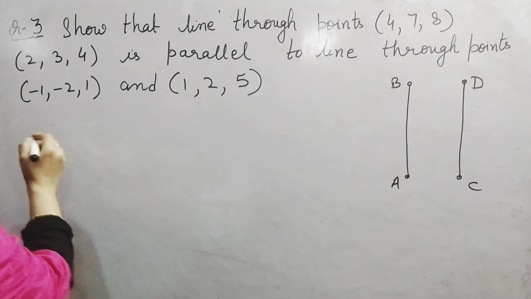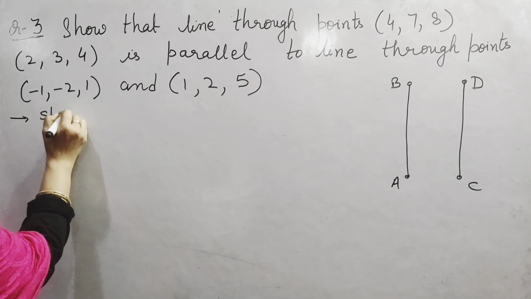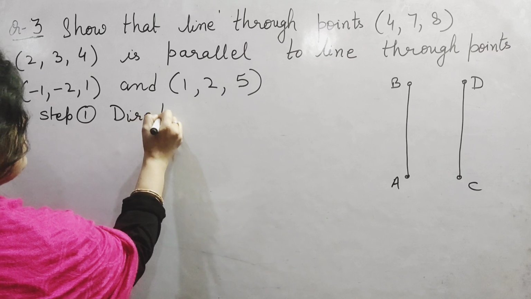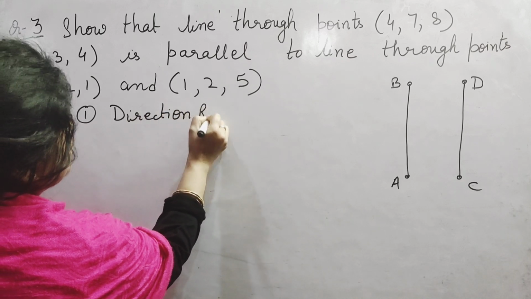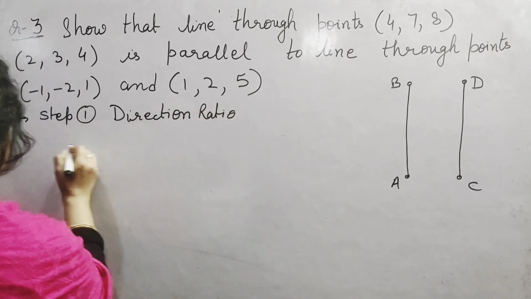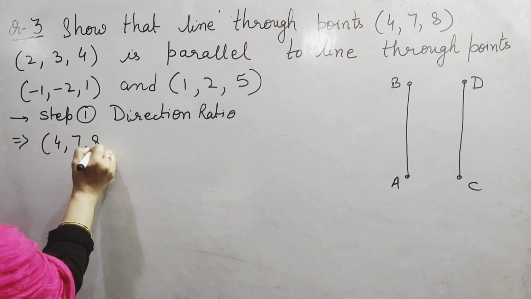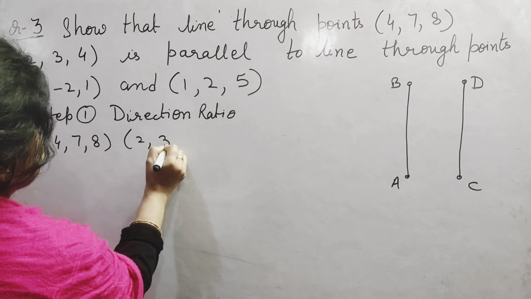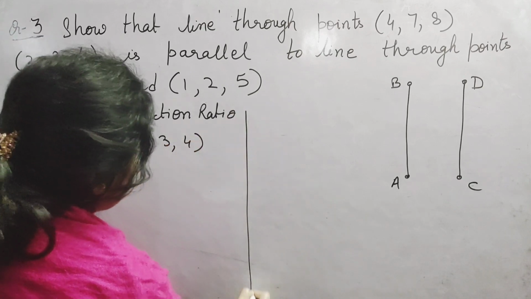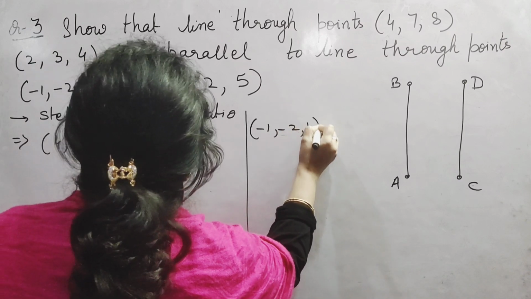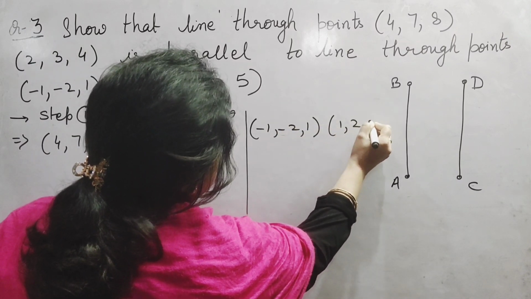Now in the same way, step 1, we find the direction ratio for 2 different points. So for the first one we have the points (4, 7, 8) and (2, 3, 4). And for the second one we have the points (-1, -2, 1) and (1, 2, 5).